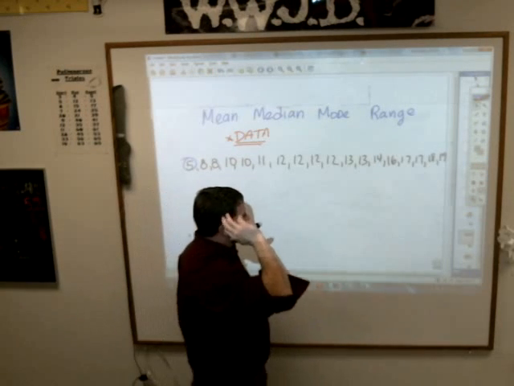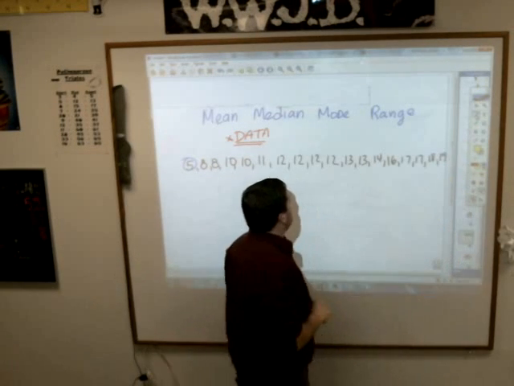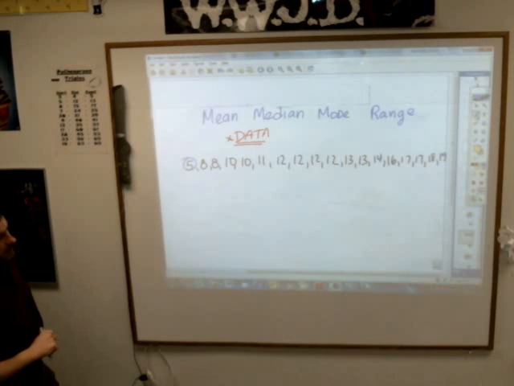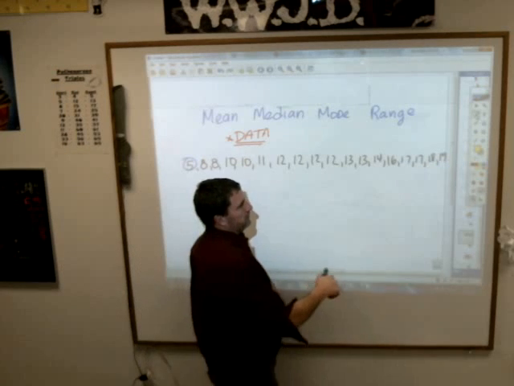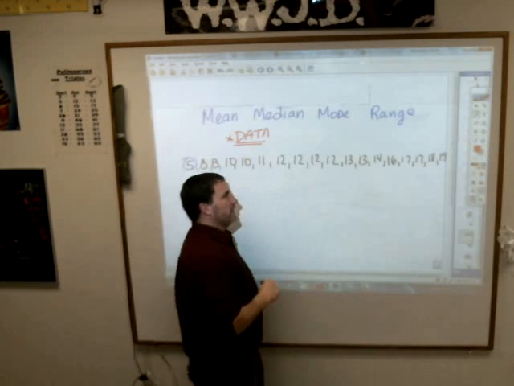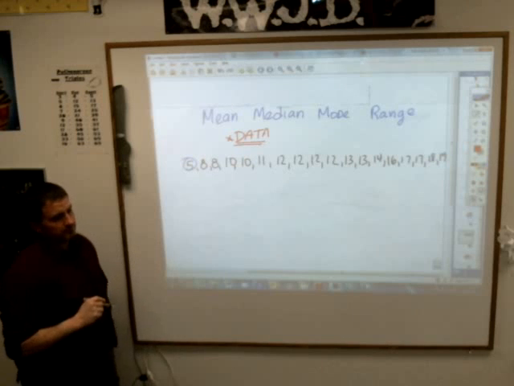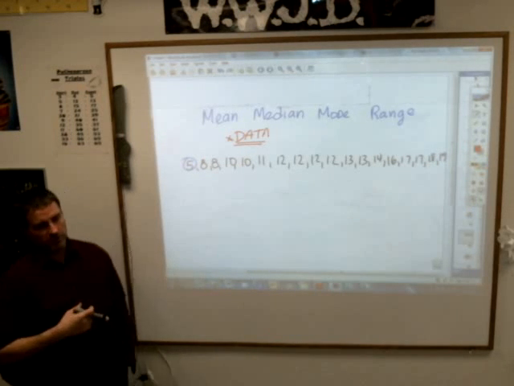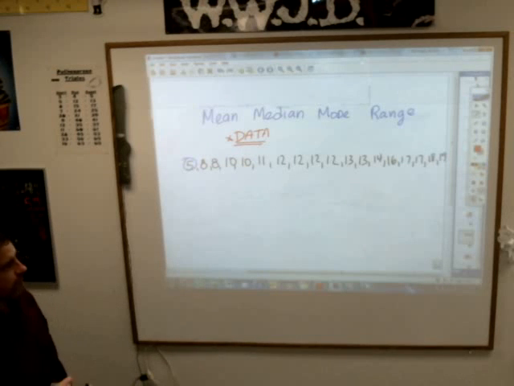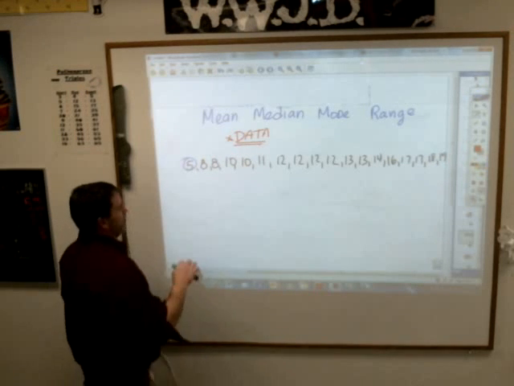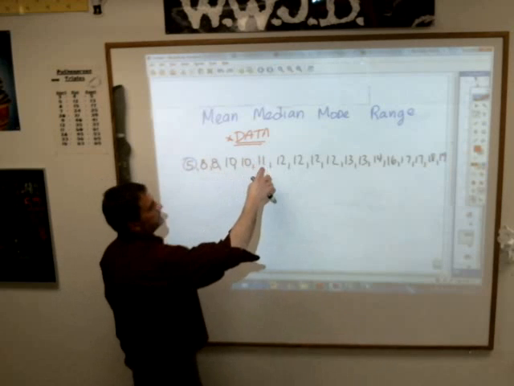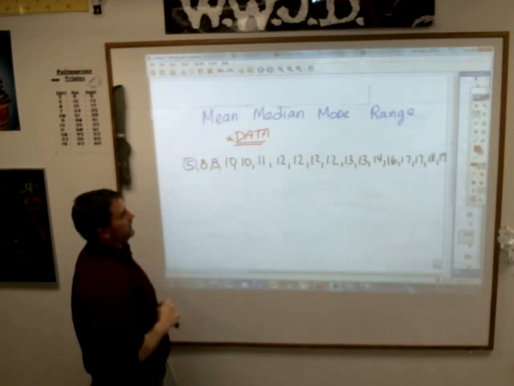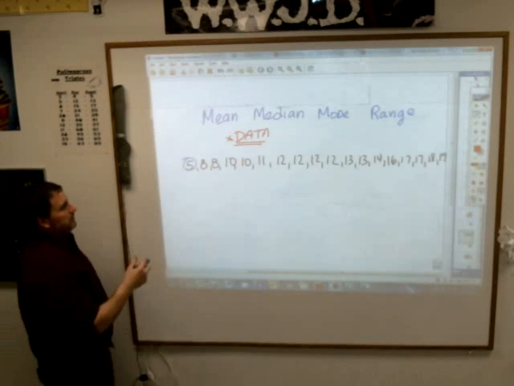Okay. Now, if you talk about mode, mean, median, and range, you have to do a couple things first. Unfortunately, this one's already been done. Actually, you need to copy this over on this page. You can use your cut and paste feature on your pencil. Okay. So write down a 5, 2 8s, 2 10s, an 11, 4 12s, 2 13s, a 14, a 16, 2 17s, an 18, and a 19.